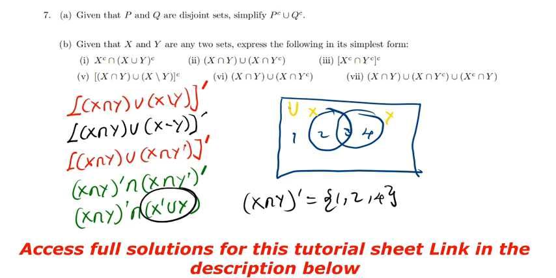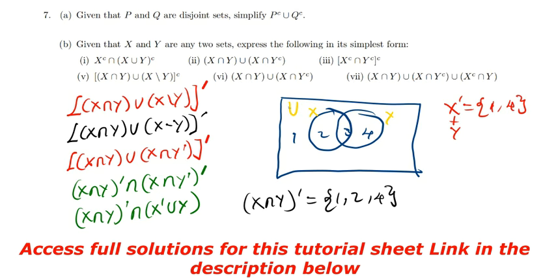Also, let's answer this part. This one demands us to first come up with x complement. What is x complement? Elements which are not found in x but in the universal set. So that is 1, 4. Then this one, union y. So let's add y there: x complement union y.